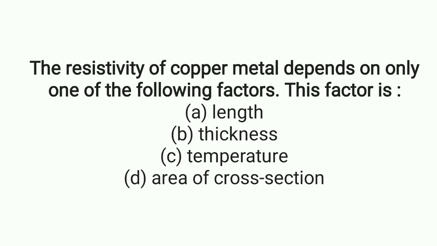Resistance will depend on the length of the conductor, the thickness, and the area of cross section. But resistivity will depend on only one factor. That factor is temperature. So our answer is C.